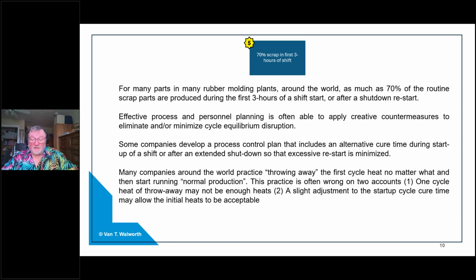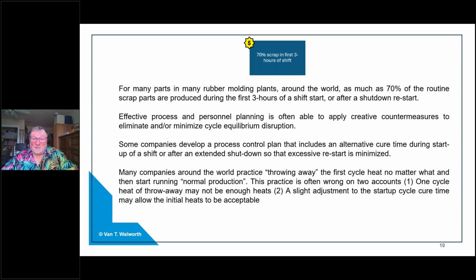There are lots of companies that have a policy that when they start up a new shift, when the operator comes on, molds the first heat, they just throw it away. They don't even bother looking at it. They just throw it away, assuming that it's going to be bad. And that's not necessarily an incorrect process, but throwing away one heat might not be enough.